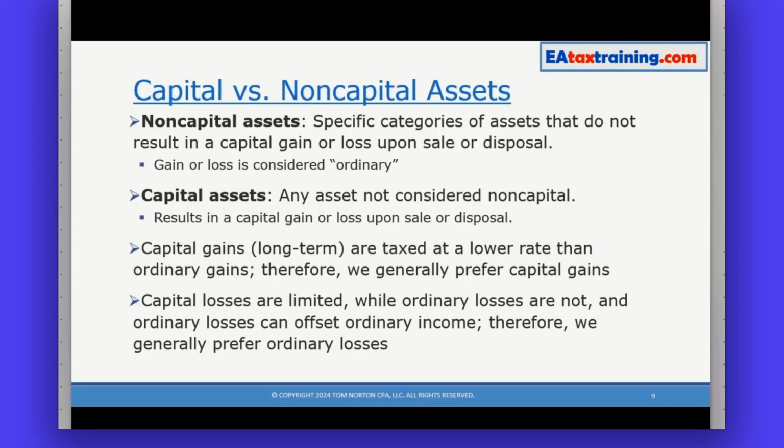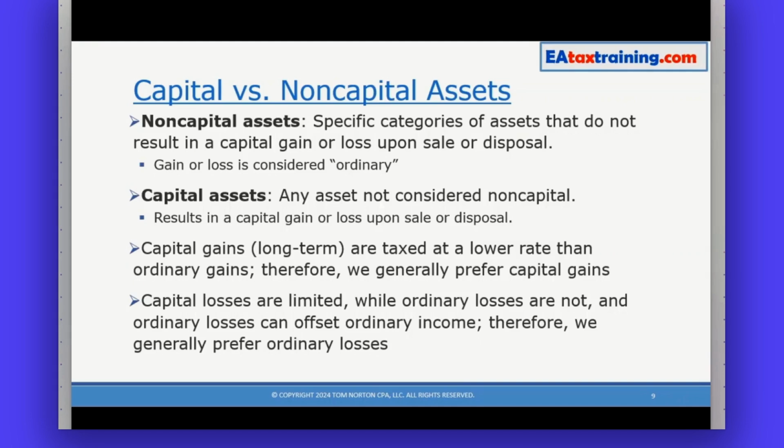So if you sell a capital asset at a loss, the amount that you can deduct in any 1 year is limited, and we'll go into all the limits later. But if you sell an ordinary asset at a loss, then the ordinary losses are not limited.